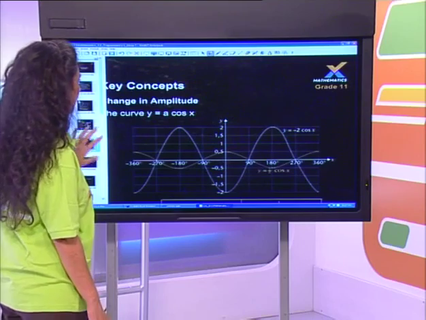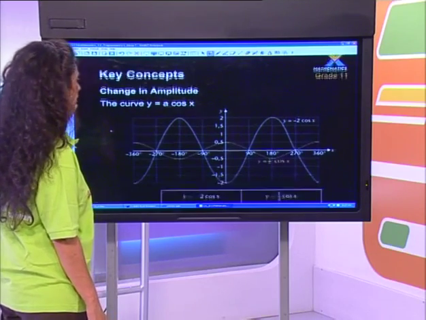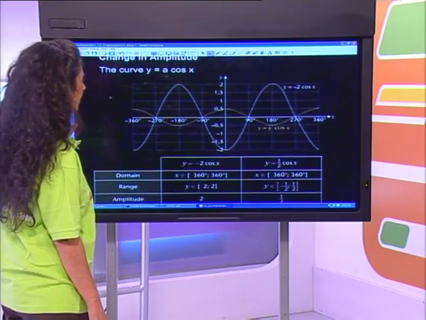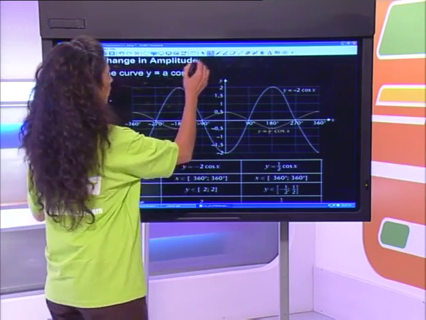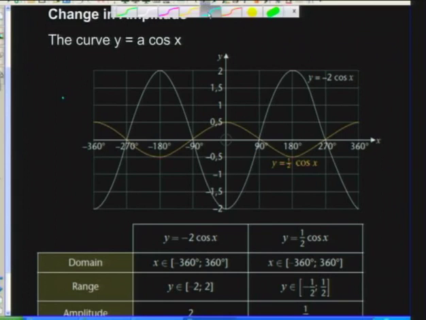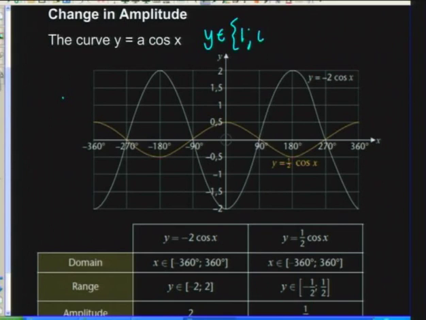Then, if we look at the graph of y equals a cos x, still a change in amplitude, notice that for the cos graph, my y values starting at 0 would be 1, 0, -1, 0, 1.